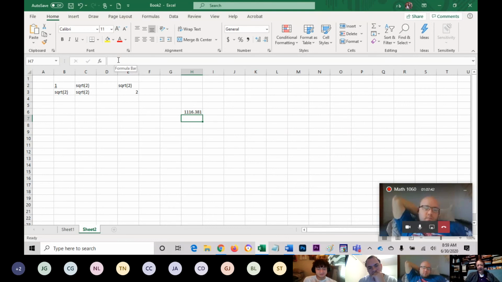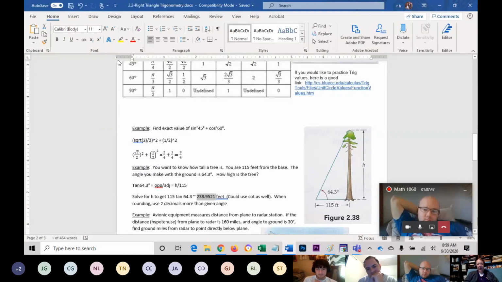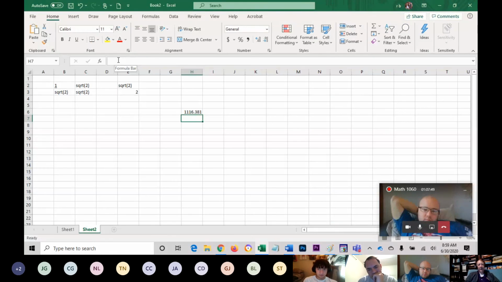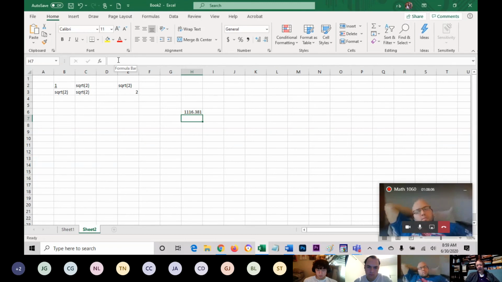Well, I still got 1,000 feet, and this says the answer is 238 feet. So why do you think I got the wrong answer here in my Excel calculator? This is something you need to pay attention to with your calculators. Yours will probably be okay, but this is 238 feet. Why did I get 1,000 feet?